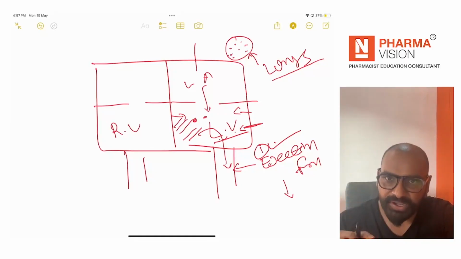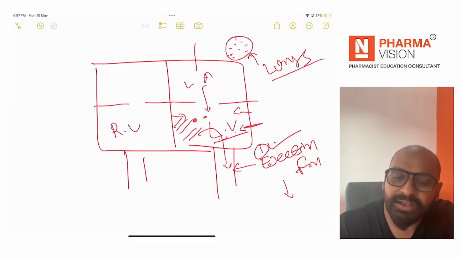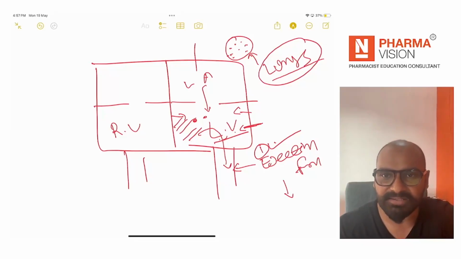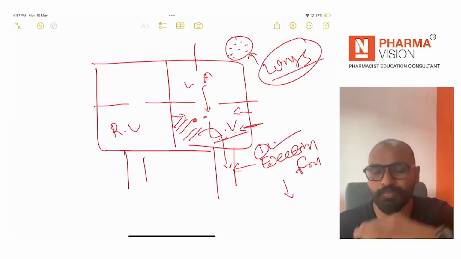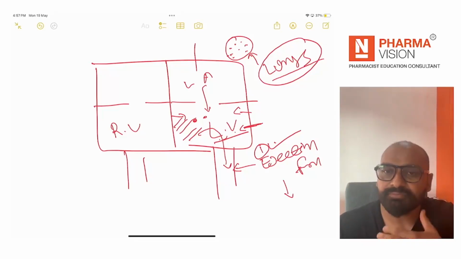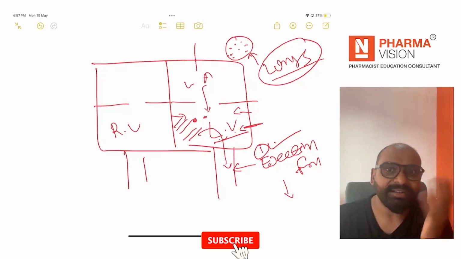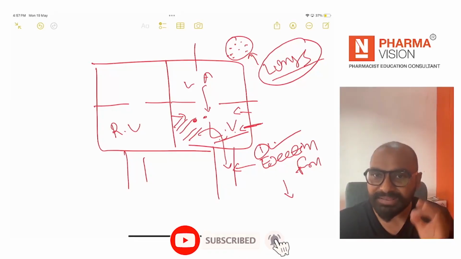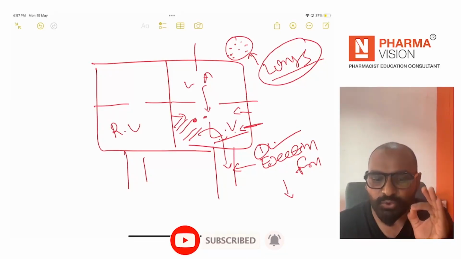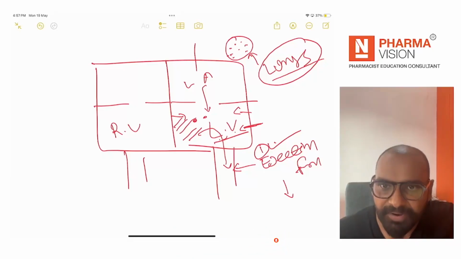So the majority of the symptoms associated with left ventricular failure are related to the lungs. That means shortness of breath, coughing, crackle sounds. When you are lying down, at that time you feel more shortness of breath. These kinds of symptoms are associated with left ventricular failure.